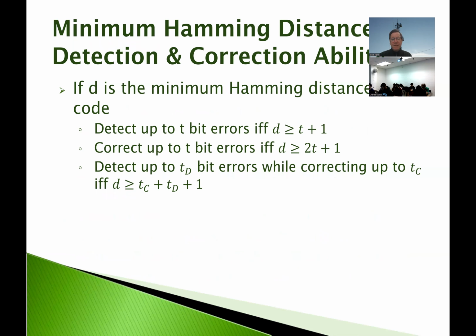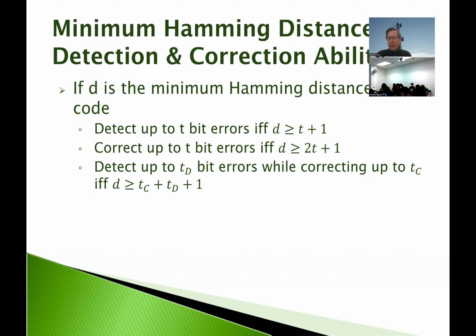All right, so if D is a minimum Hamming distance code, we can detect up to T bit errors if and only if our distance is greater than or equal to T plus 1. And we can correct up to T bit errors if and only if D is greater than or equal to 2 times T plus 1.